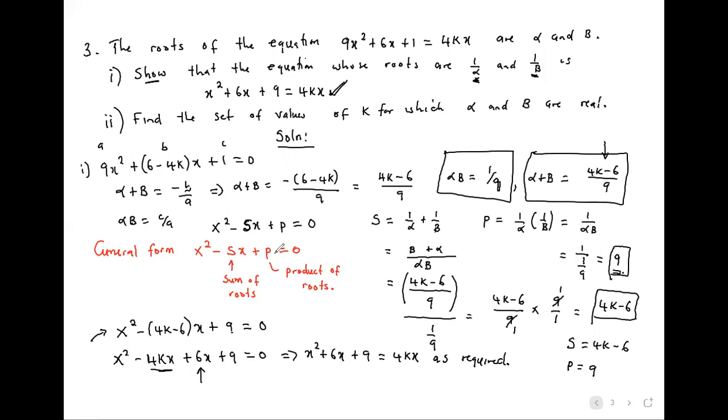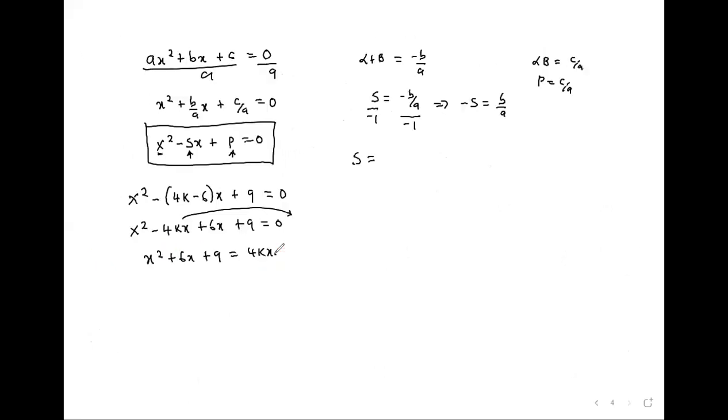Because it's just saying find the values of k for which alpha and beta are real, when you go back to the original question, you know that the expression is 9x squared plus 6x plus 1 is 4kx.